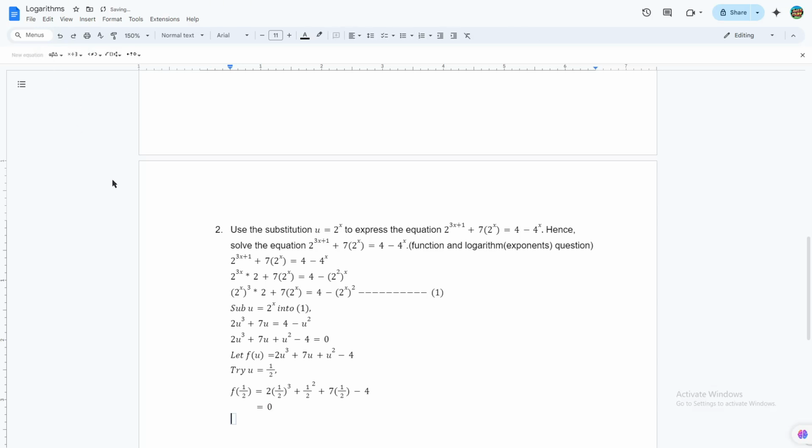So using factor theorem, u minus half is a factor.